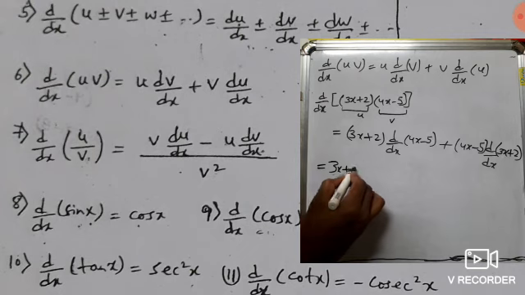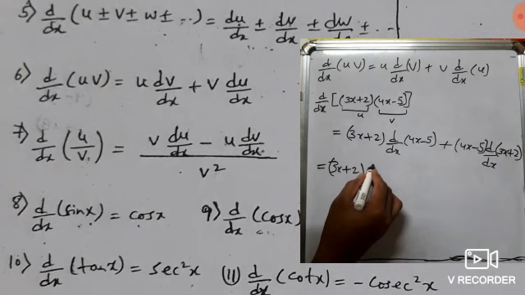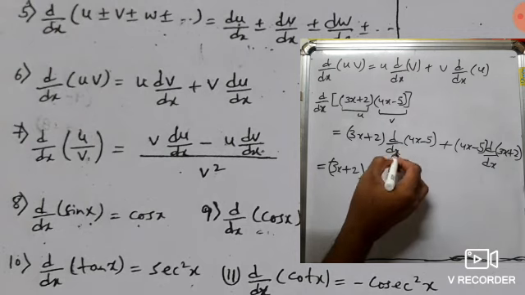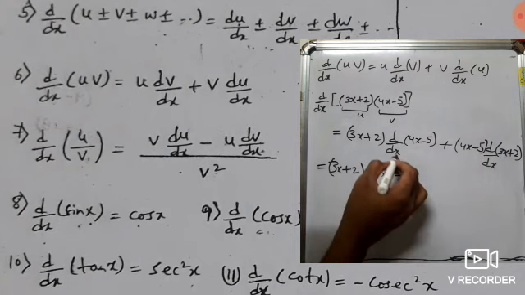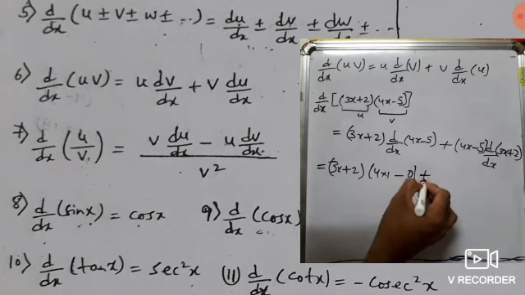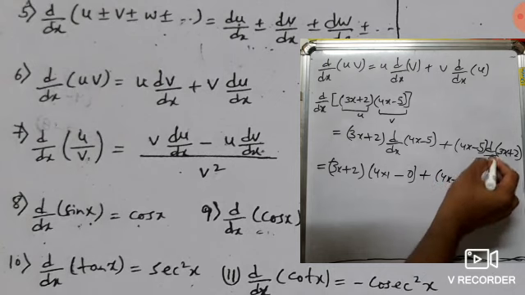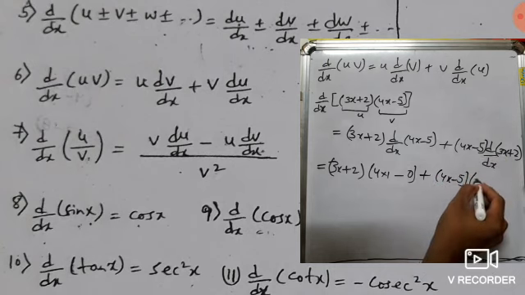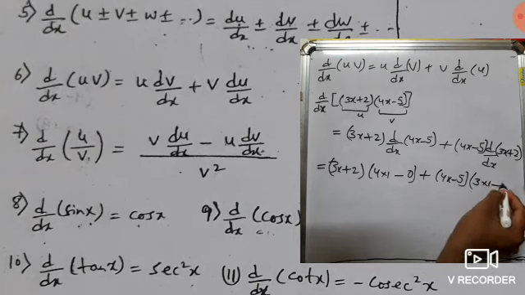So 3x plus 2, d/dx of 4x, it will be 4 d/dx of x, which is 1, minus d/dx of 5, 5 is constant, d/dx of 5 is 0, plus 4x minus 5, d/dx of 3x, so 3 will come in front, and d/dx of x is 1, plus d/dx of 2, it is constant, d/dx of a constant value is 0.